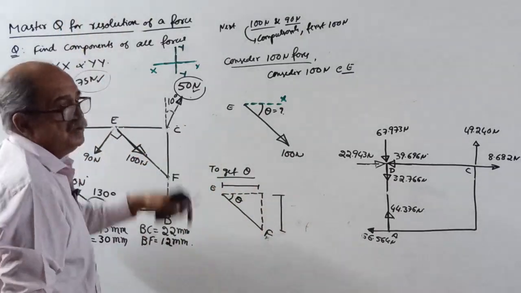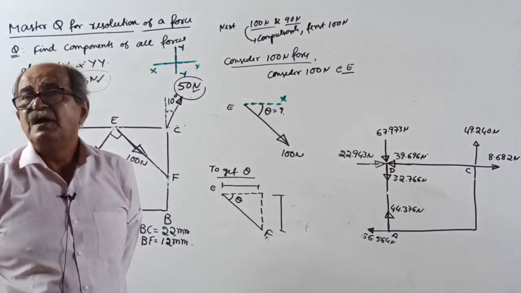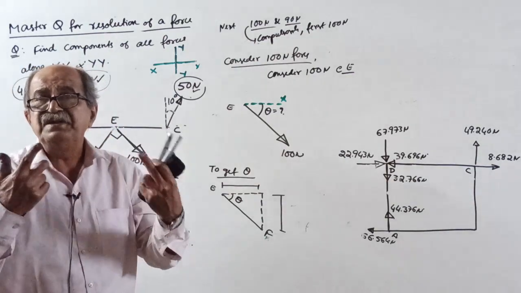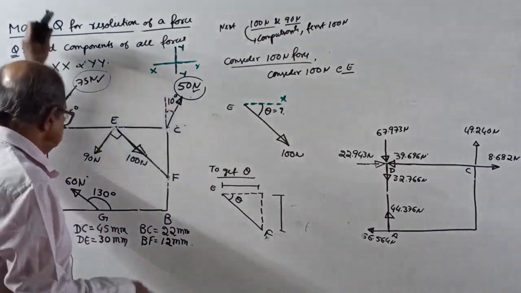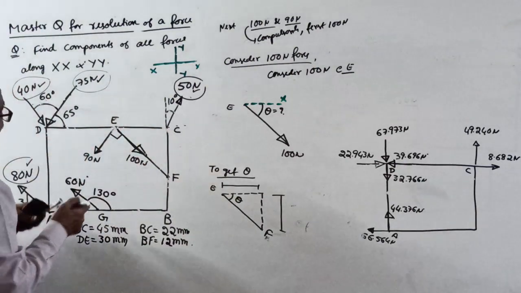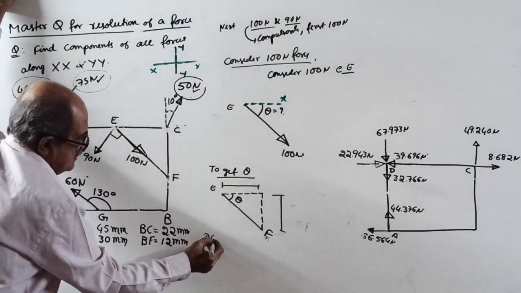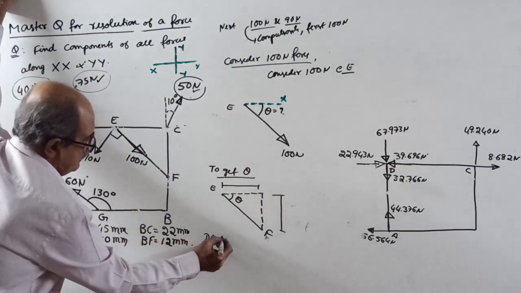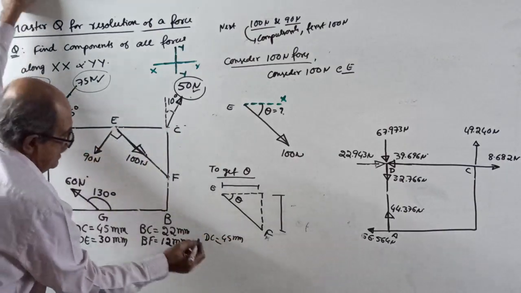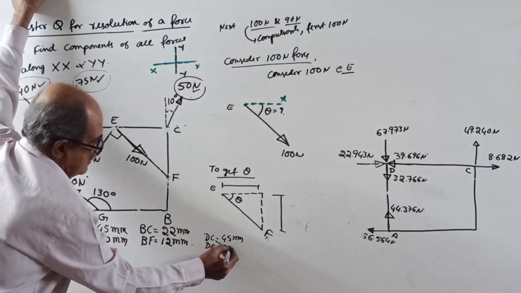See correctly. Now, you are not studying in primary school or high school, PUC, SSLC like that. You are in structural engineering. So what I dictate, you write. In the notes I will write. In the question they told DC, you should write, it is given DC equal to 45 millimeter, whereas DE equal to 30 millimeter.